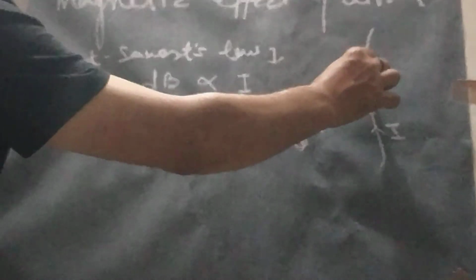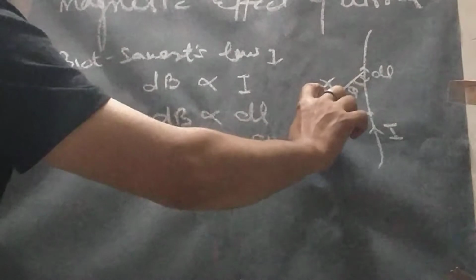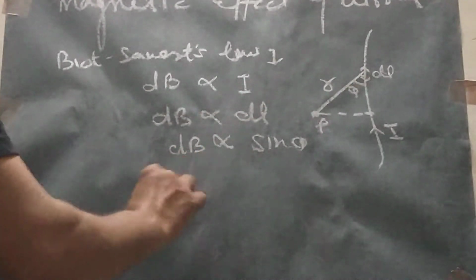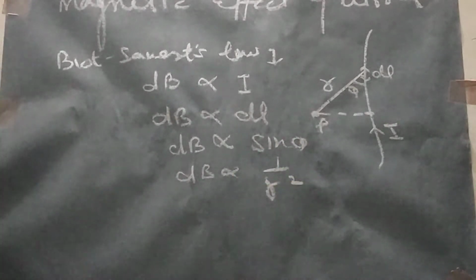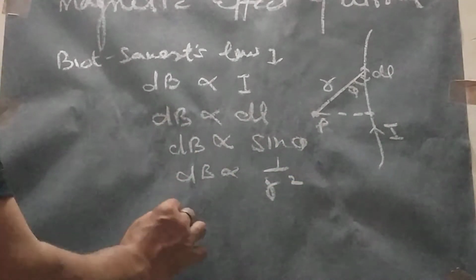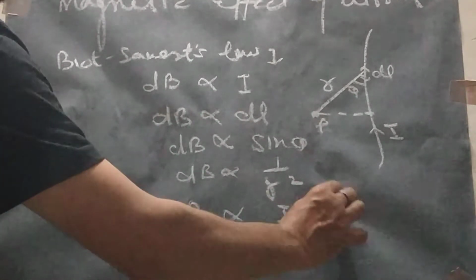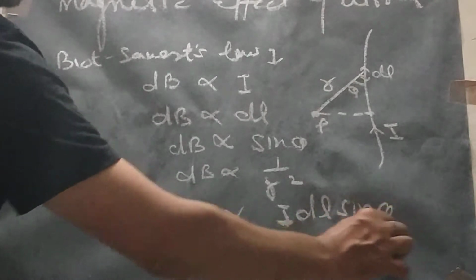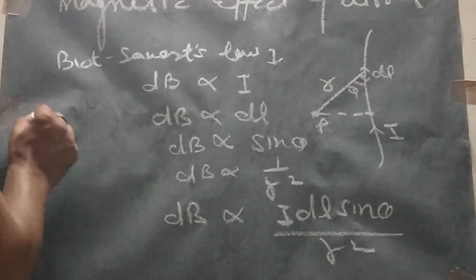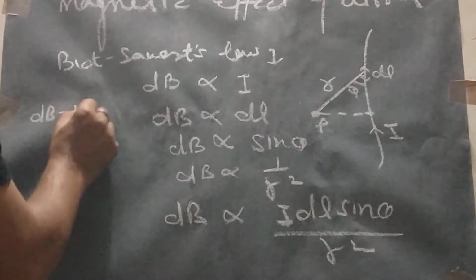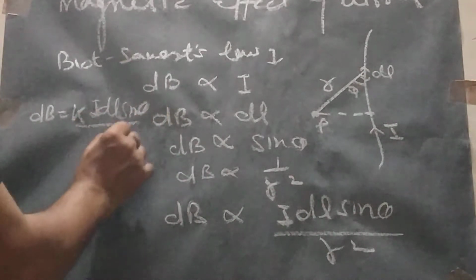This is the angle between R and this length dl, and it is inversely proportional to the square of the distance between them. Combining all these, we have dB proportional to I dl sine theta upon R square. If we remove the proportionality, then dB equals k times I dl sine theta upon R square.